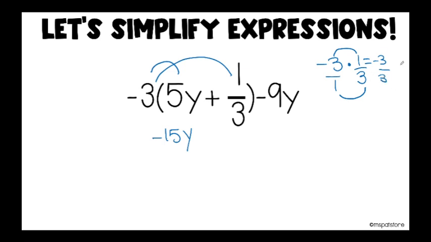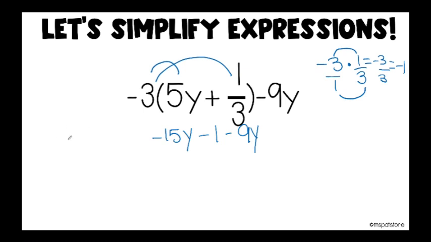I need to simplify this. Negative 3 divided by 3 is negative 1. So I'm going to put this negative 1 down here. And now I'm ready to bring this term down. Negative 9y. As you can see, you have like terms, so you're not done.